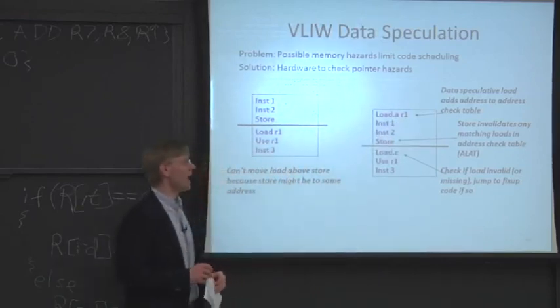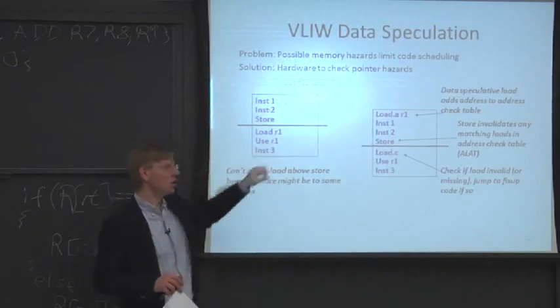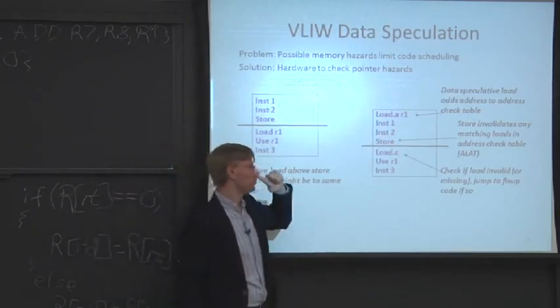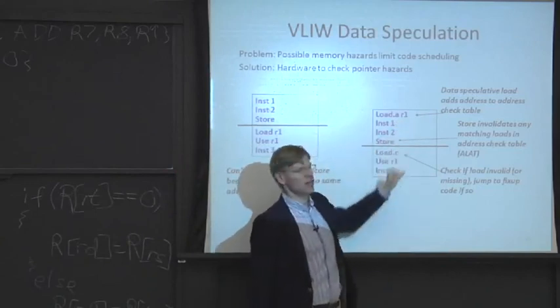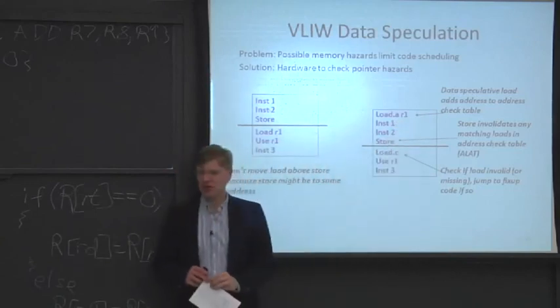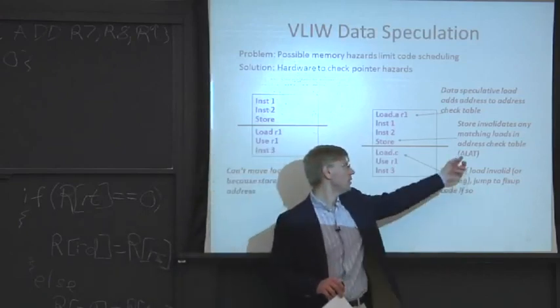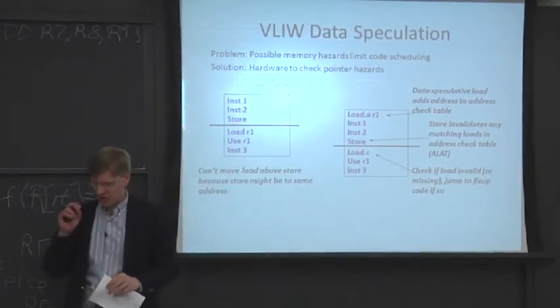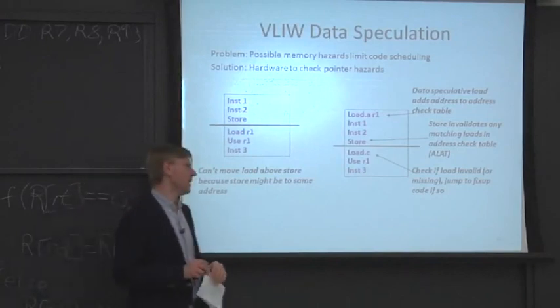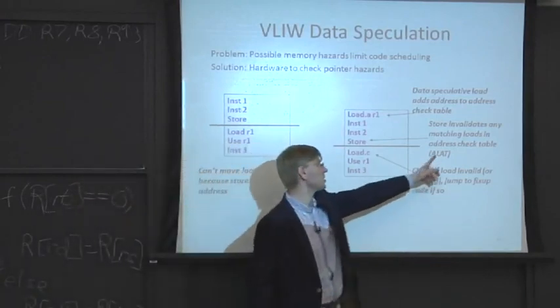So what this is going to do is the load and add the address to a special table, which we're going to call the, what does ALAT stand for? Advanced Load Address Table. The ALAT is what Itanium calls this.